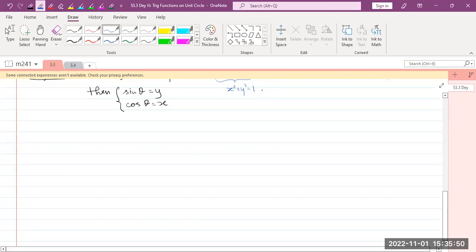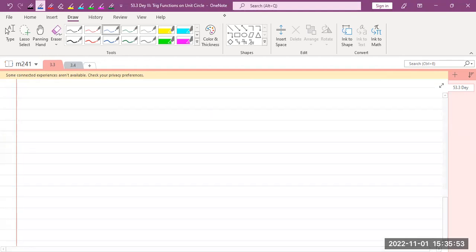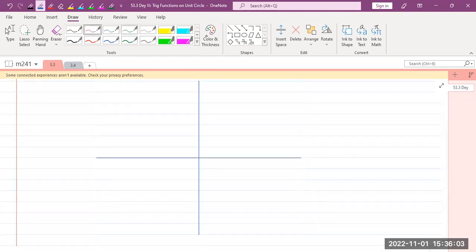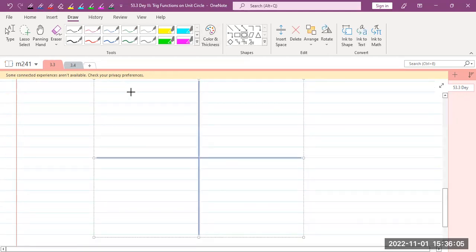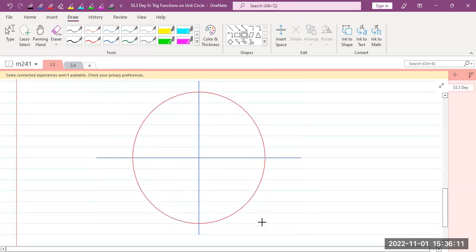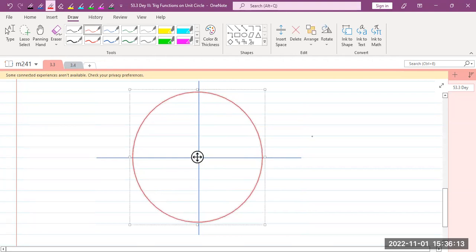Let's take a look at that unit circle again, but this time I make it very big because I need to fit a lot of things here. Consider this unit circle again.